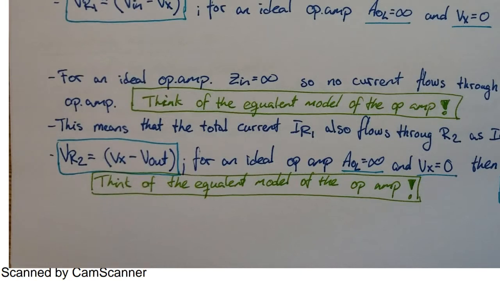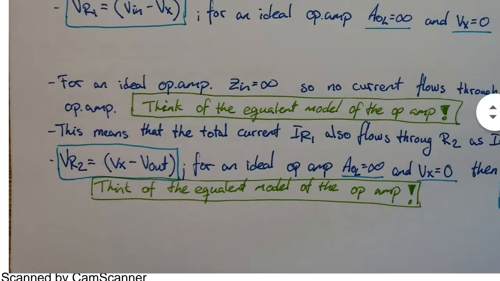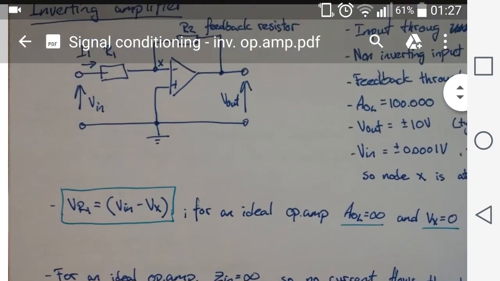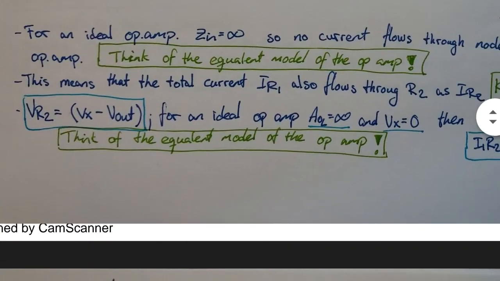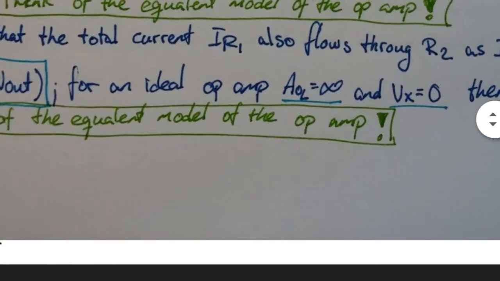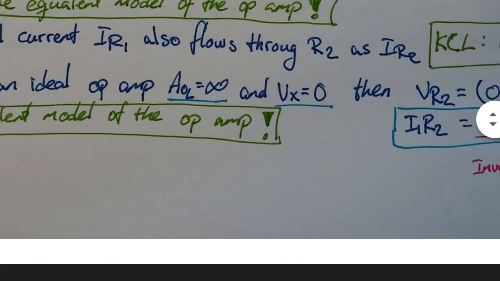And because there is no complication with looking at what is happening inside the operational amplifier, we can say that the voltage at node X minus the output voltage gives the voltage drop over resistor R2. And this is valid because we assume an ideal operational amplifier with an infinite open loop gain and that the voltage at node X is equal to 0.